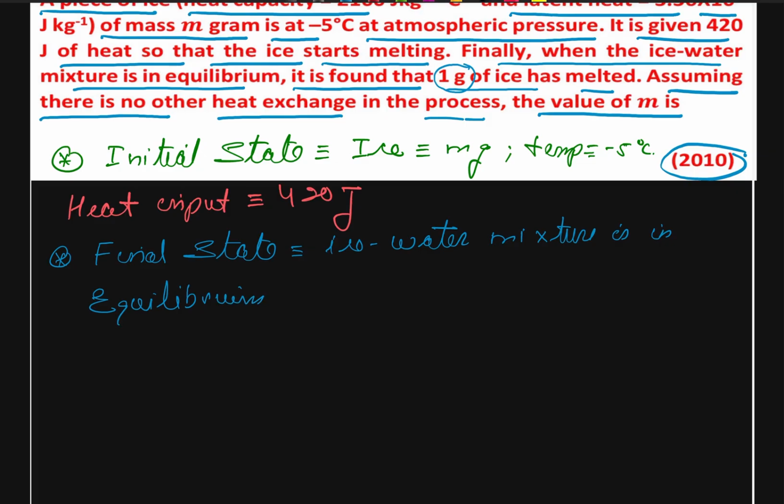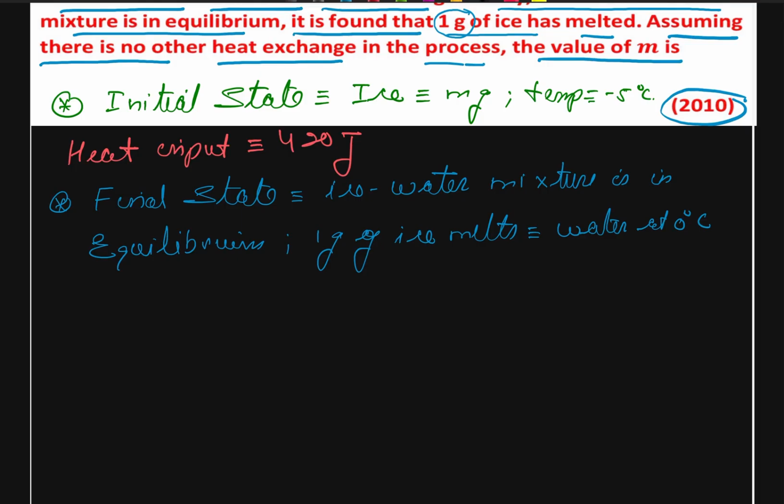And it is also given that 1 gram of ice melts, or we can say it becomes water at 0 degree centigrade. Also there is no heat loss. It means the entire heat is used only for the conversion of ice into water.